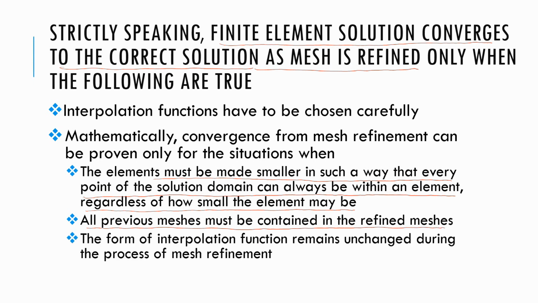So under these, and yet another one, the form of interpolation function remains unchanged during the process of mesh refinement. So under these restricted conditions, we can prove that the finite element solution indeed converges to the correct solution. But this is only under these restricted conditions.